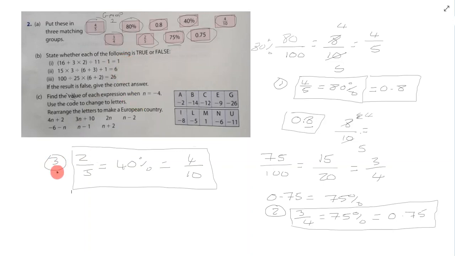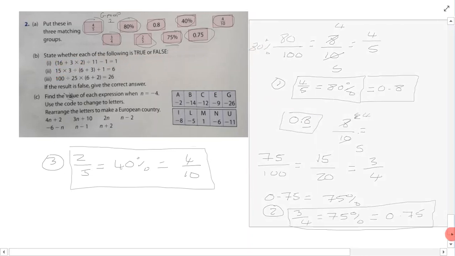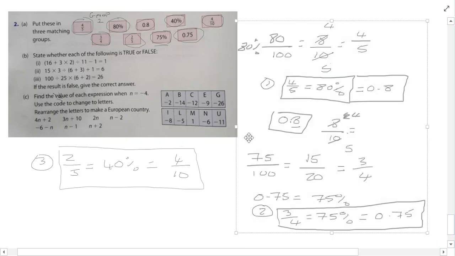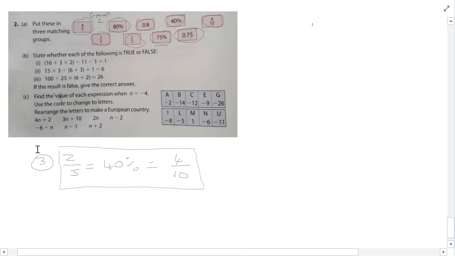So if we have a look then at the second question, it says: state whether each of the following is true or false. So what you're doing here is we're looking at BIMDAS. I'm just going to take these out so that we have room to work on question 2.